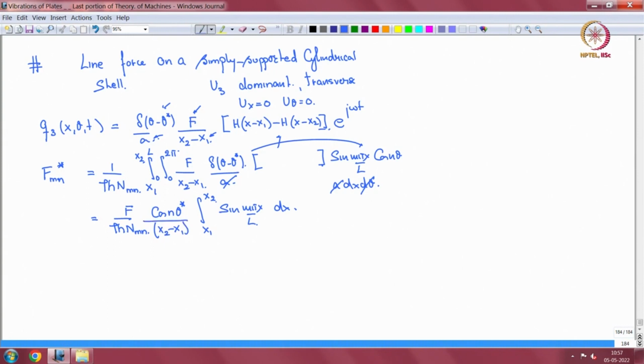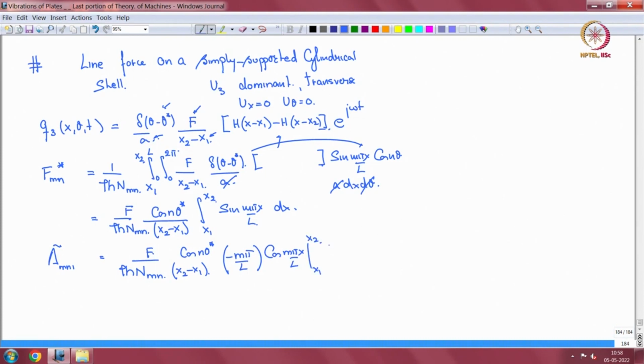Then the gamma mn 1 tilde is f by rho h n m n x2 minus x1 cos n theta star, times minus L over m pi cos m pi x by L with limits x1 to x2.